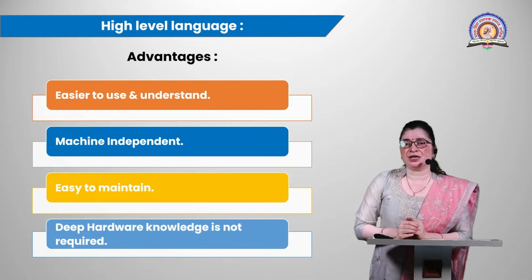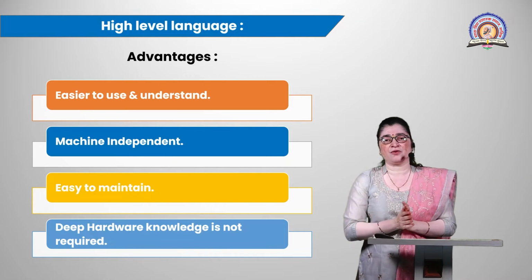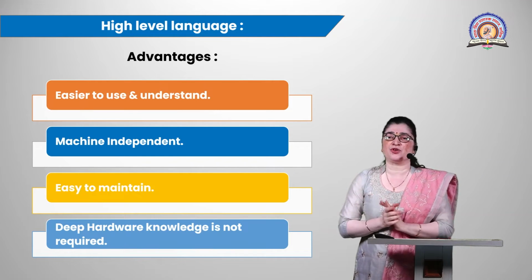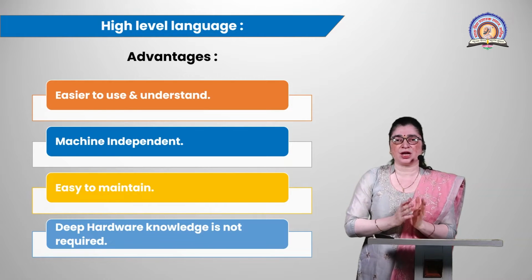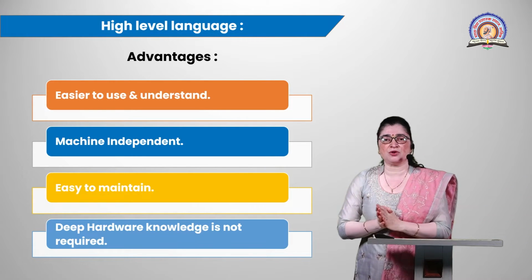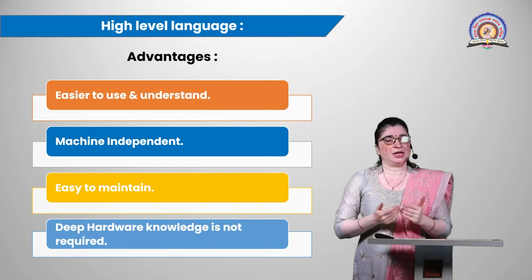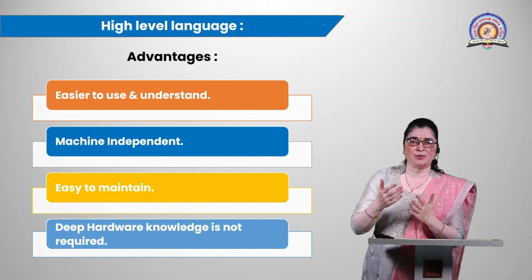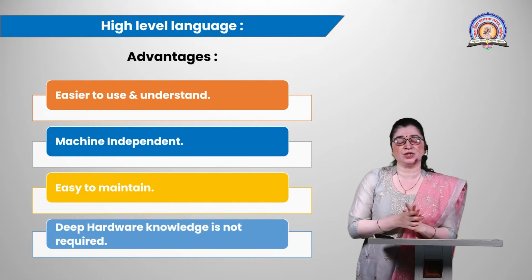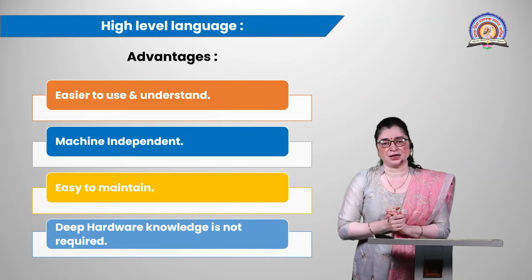Again, it is machine independent, meaning you are not required to write a different program for a different machine. Once you have written the program, the same program can be used for different types of machines. It is also easy to maintain, because we are using familiar words, symbols and signs.